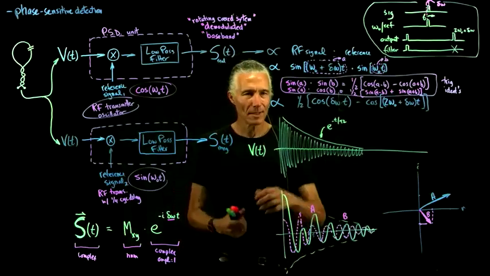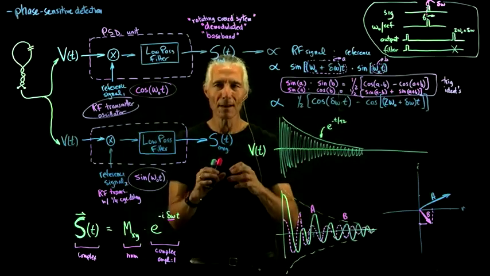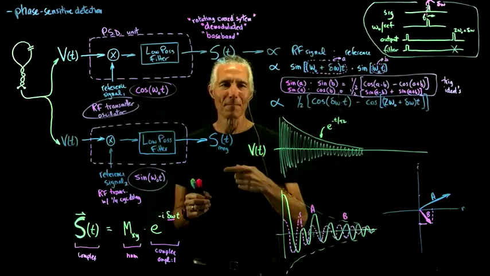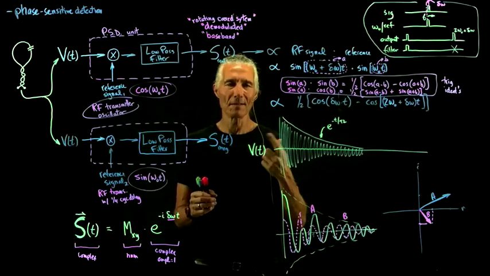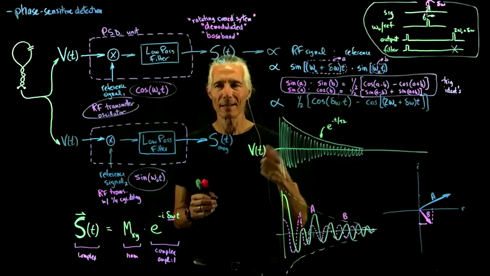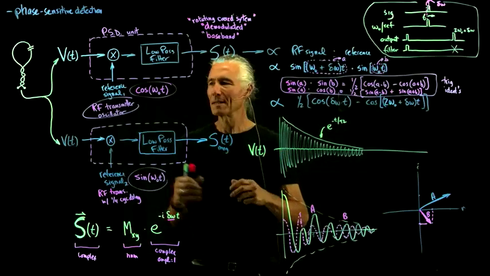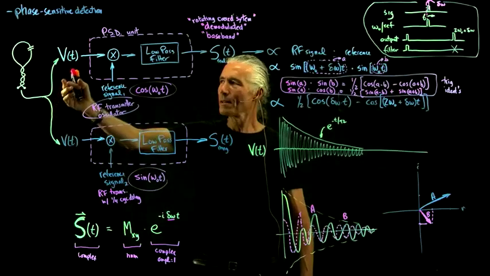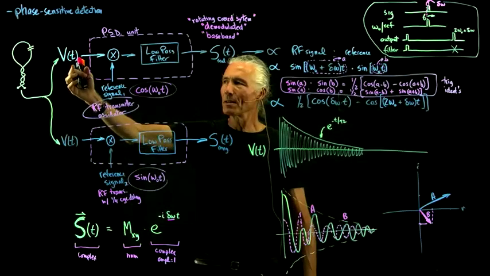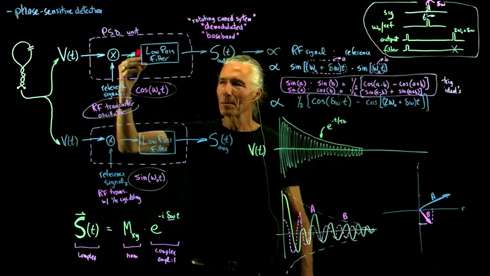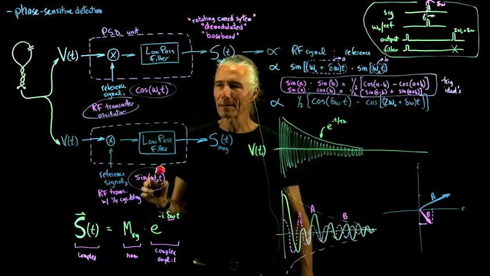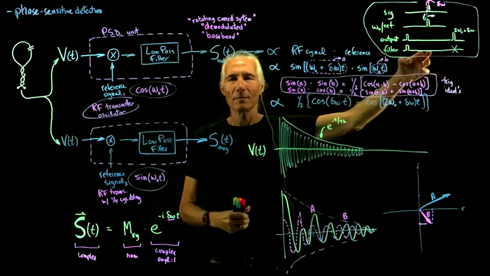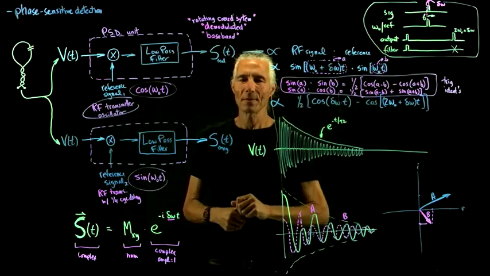So this is the simple underlying mechanism by which you get the rotating coordinate system, which measures the phase of this oscillation rather than the actual oscillation itself. And it's very straightforward. You just take this exact same signal from one coil, multiply it by a cosine and then by a sine, and then filter out that high frequency part, and you end up with the phase.